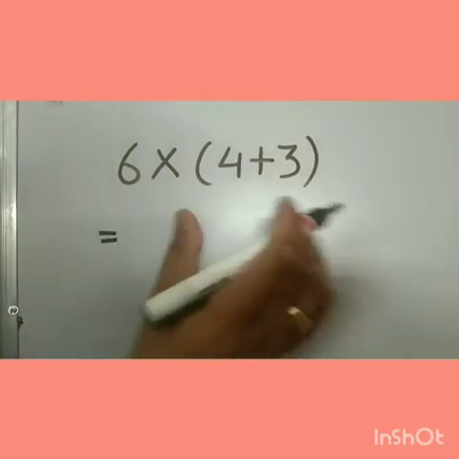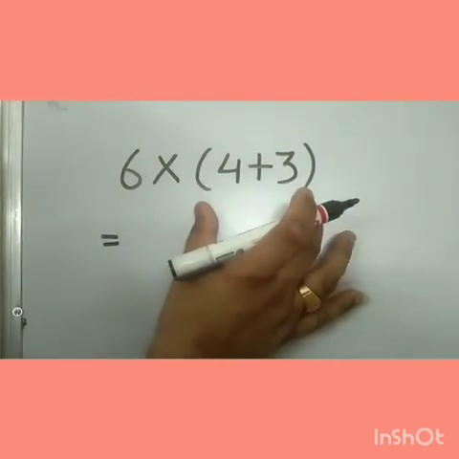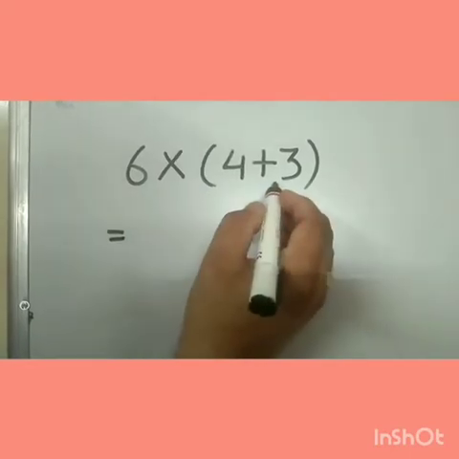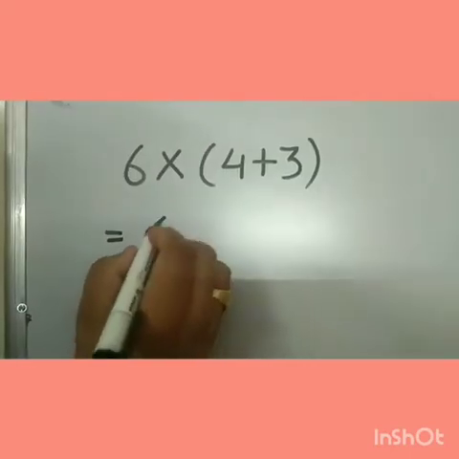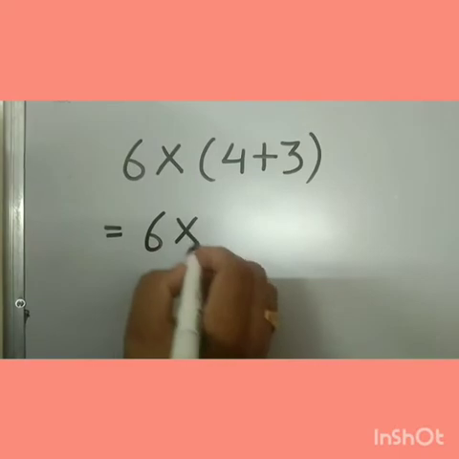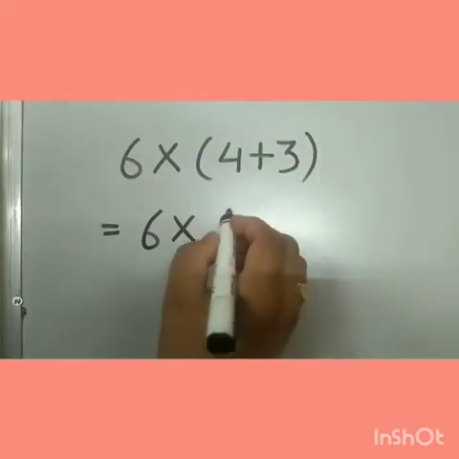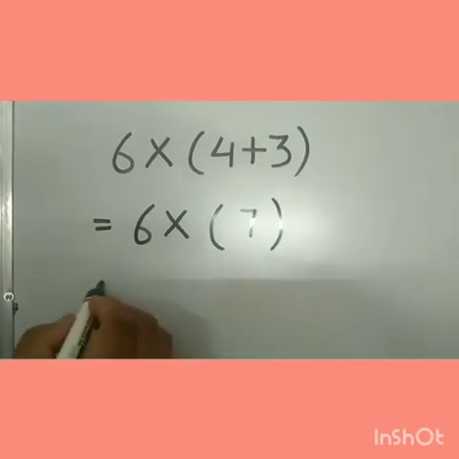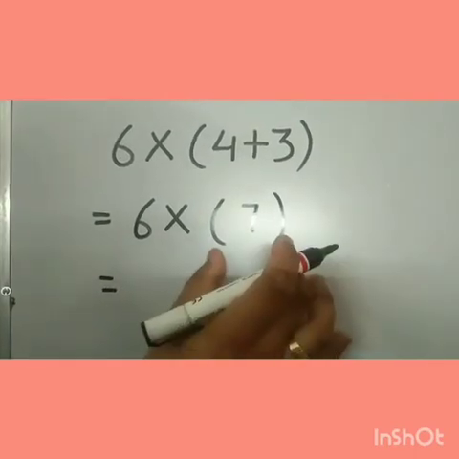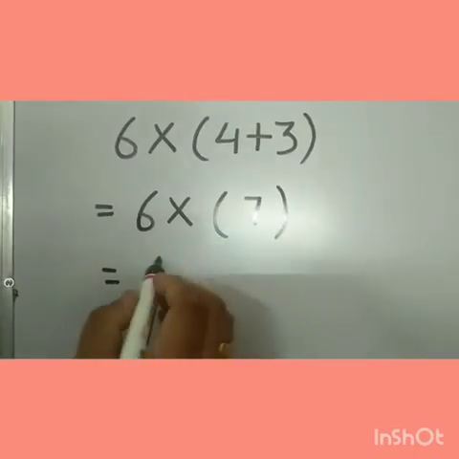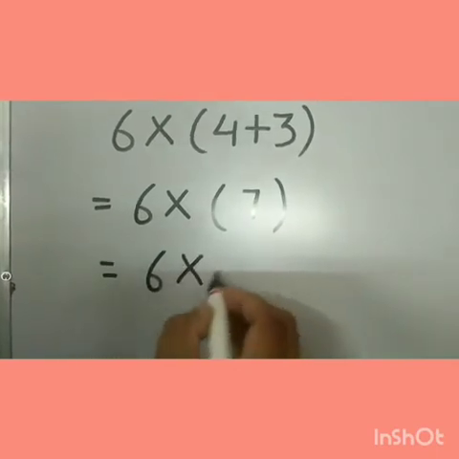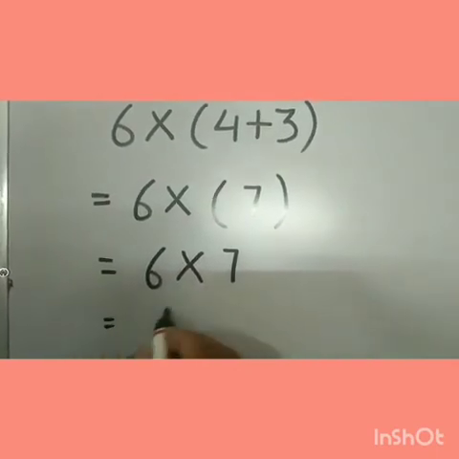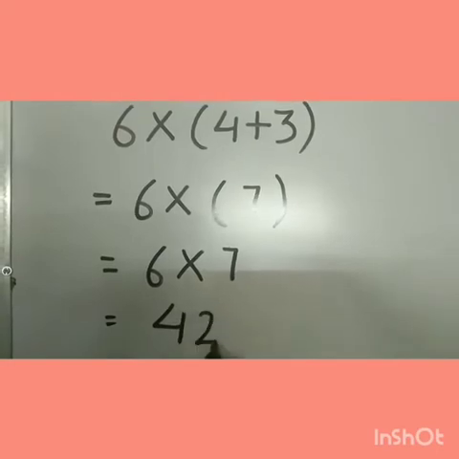In this question, a round bracket is given to you and there is addition in the round bracket. Then we have to solve this round bracket first before multiplication like this, and in the next step eliminate this bracket, remove this bracket. 6 multiplied by 7 is equal to 42.